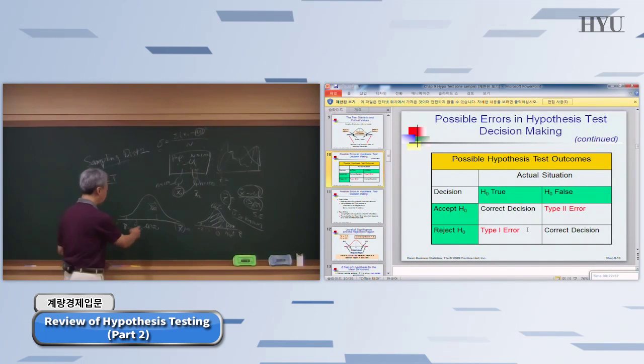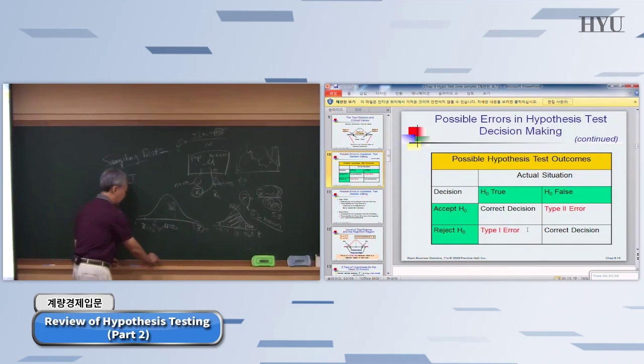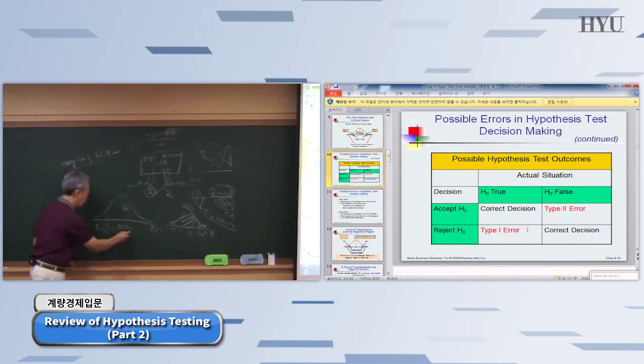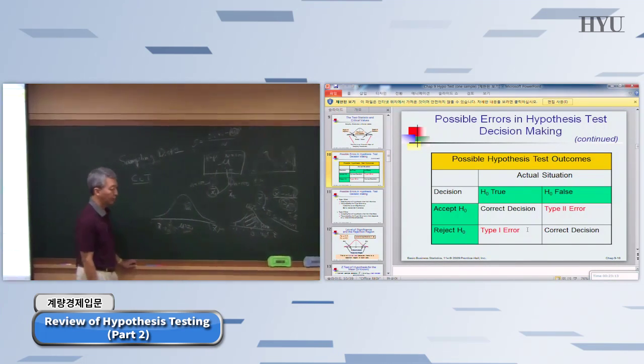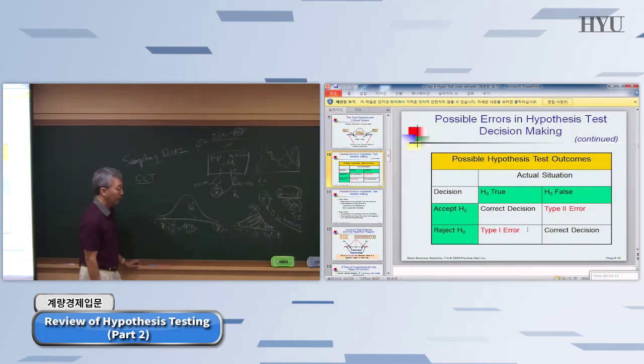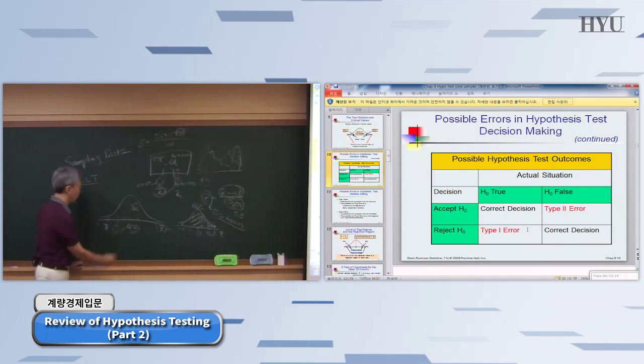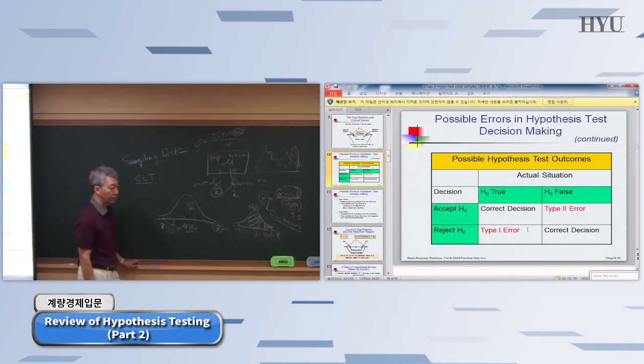So going back to our example, right? Even though we got this result, right? Our sample indicates that the population mean is actually 20, right? It is possible that this is still true, right? But because your sample result was just too far away from the null hypothesis, if you decide to reject the null hypothesis, right?